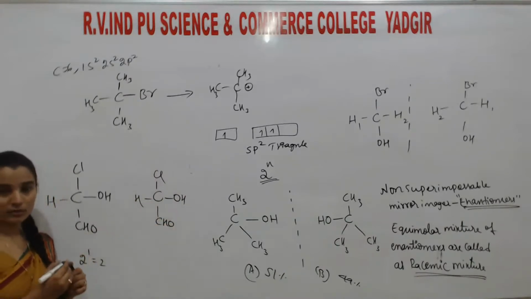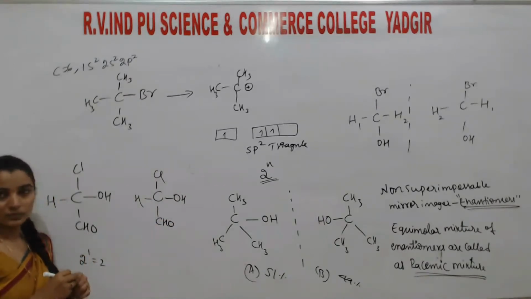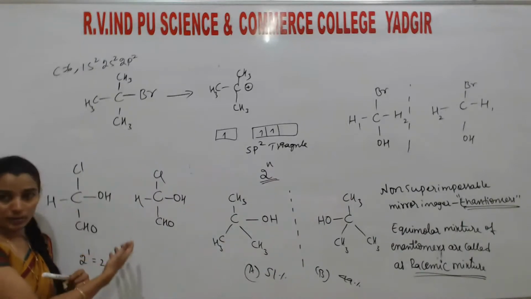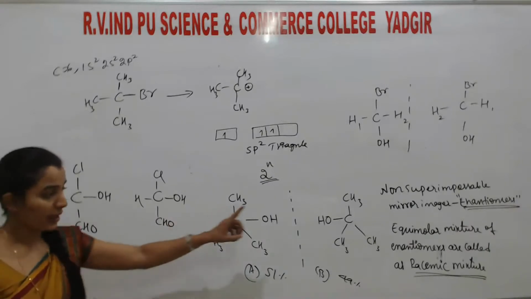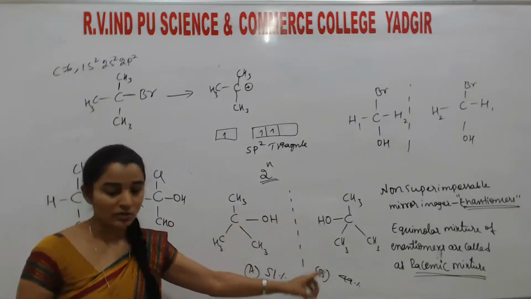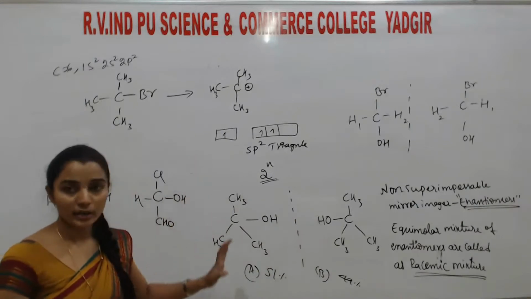These are stereoisomers. If 2 carbon atoms are there, then 4 possible structures are there. Understood? So this is all about isomerism, enantiomers, racemic mixture, racemization, and chiral carbon atom.